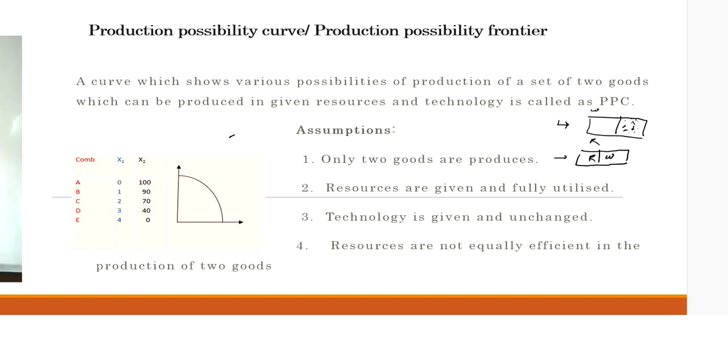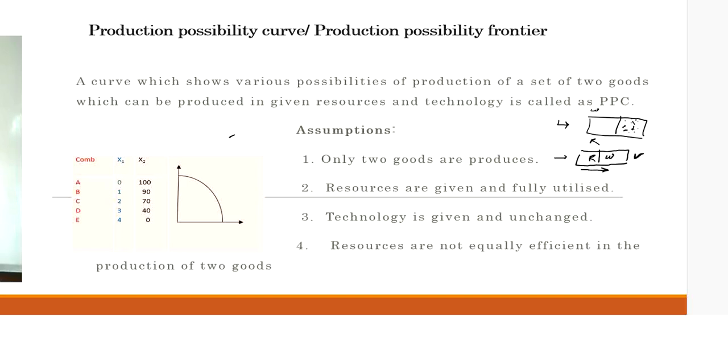Similarly, if you want to increase the production of rice, it will increase, but the production of wheat will decrease. So on this assumption, this PPC works. That's why it is assumed that resources are fully utilized.